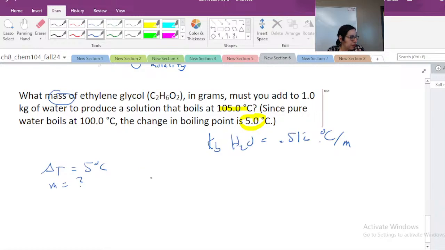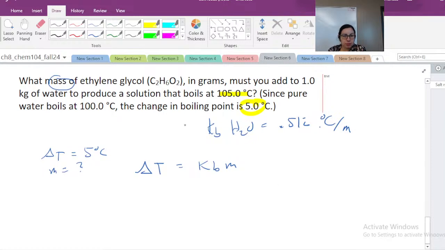So then let's plug it in to our formula. So delta T is equal to KB times our molality. And so then we get 5 degrees Celsius is equal to 0.512 for our KB times X here, since again we're trying to figure out molality.